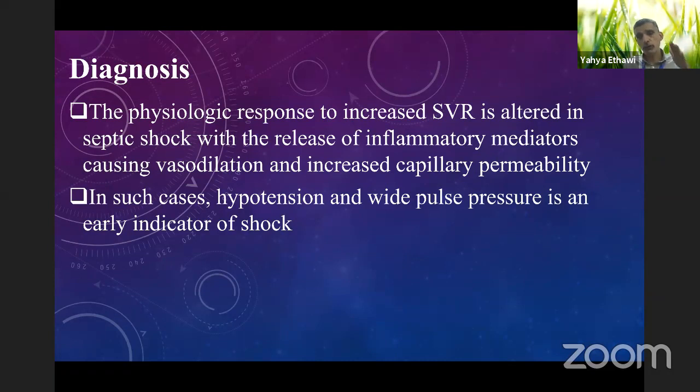So if you have a normal systole and the diastole is dropping, you need to think of the vascular tone. Okay? In that situation, a normal systolic pressure means nothing, but the baby is in actual shock. So you need to monitor the relation between systole and diastole.